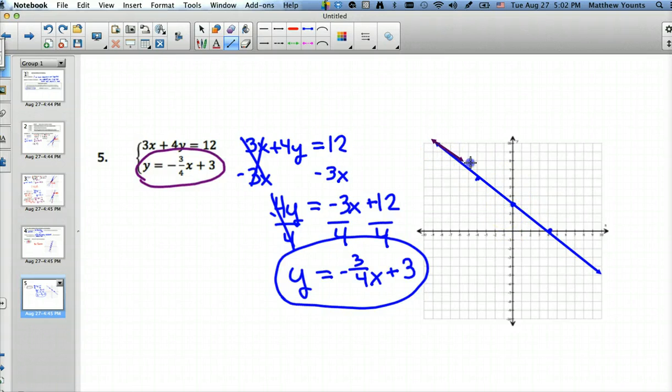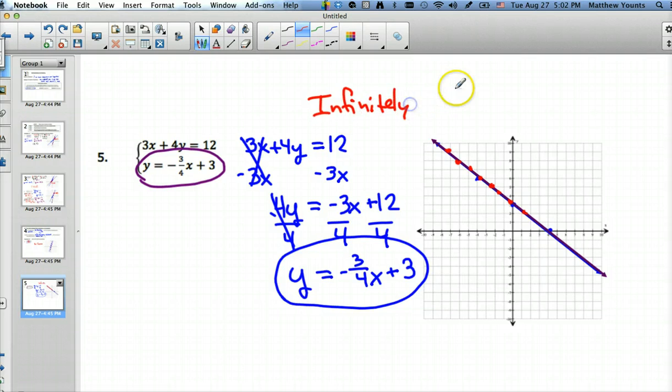So really, it's one line on top of another line, and those lines are going to be intersecting at infinitely many points. They're intersecting at every single point you can think of on each of those lines. And so if that's the case, we call that infinitely many solutions.